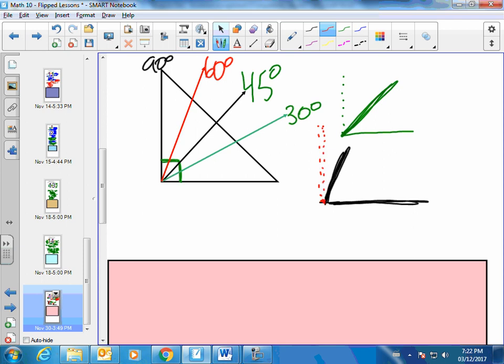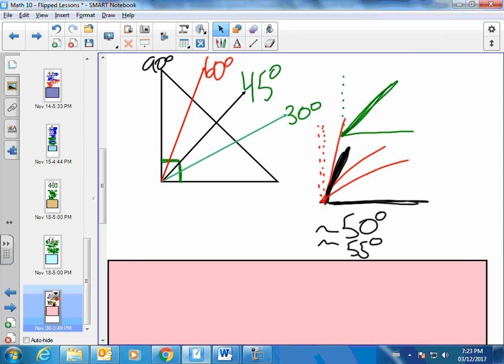You get a right triangle. That would be about 45. That would be about 30. That's ugly. Maybe this is 60. So I would say that this particular black line right here is approximately 50 degrees or approximately 55 degrees, whichever one you think is closer based off of your guess.